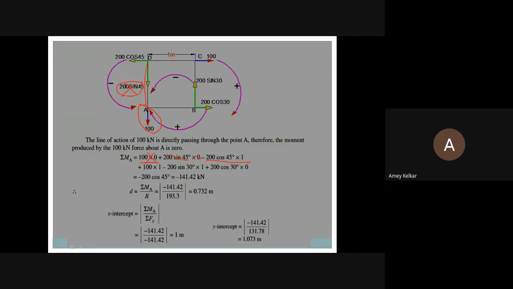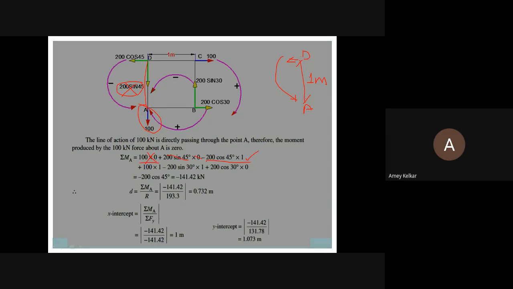Because the moment is anti-clockwise, hence the minus sign. From point D we are coming up to point A, and the force is horizontal, so we take the vertical distance. This vertical distance is nothing but 1 meter, which we use to multiply here.